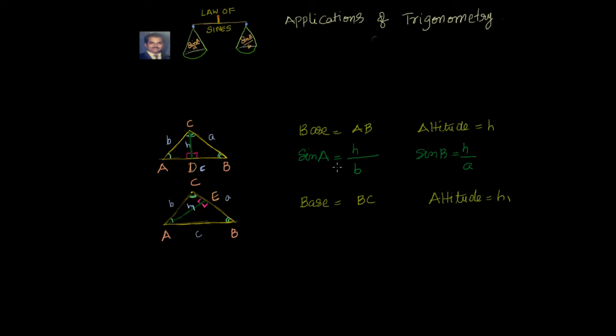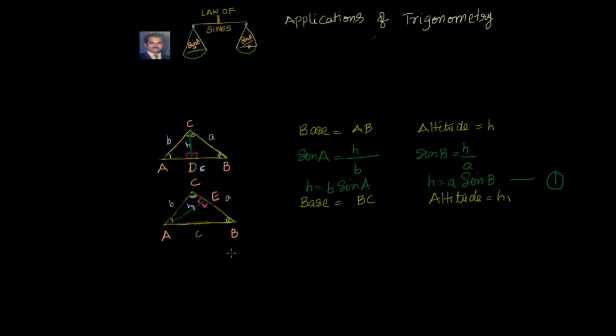So I can say h is equal to b into sine of A, and here h is equal to a into sine of B. Let's keep it as equation number 1.